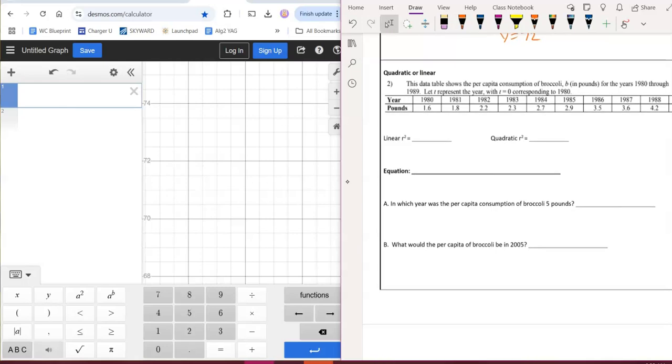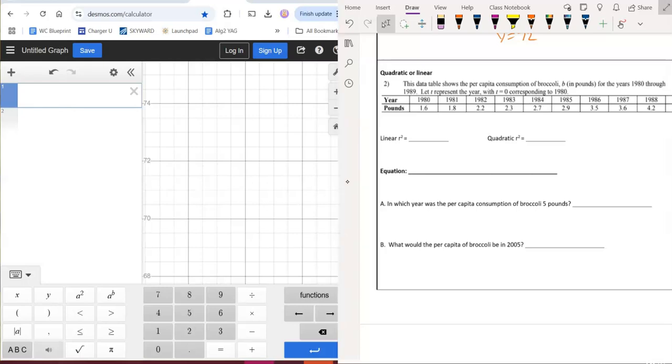All right, this one says, this data table shows the per capita consumption of broccoli, B, in pounds for the years 1980 through 1989. Let T represent the year with T equals 0 corresponding to 1980. So they're saying that year 0 is 1980.